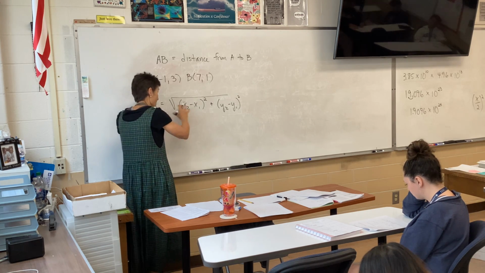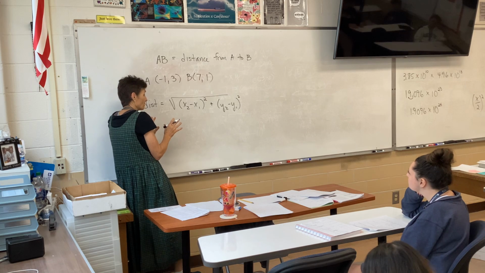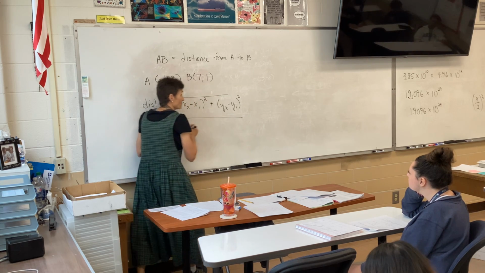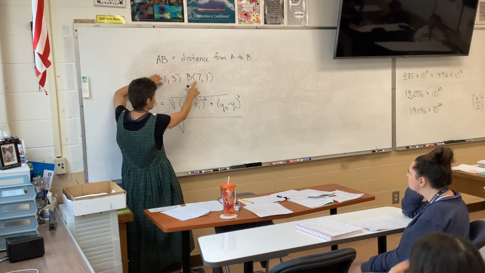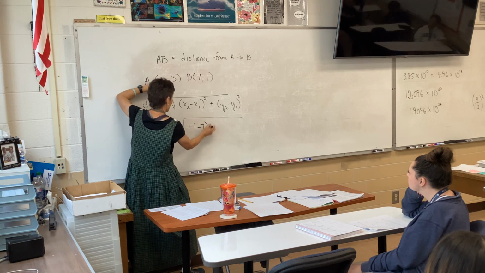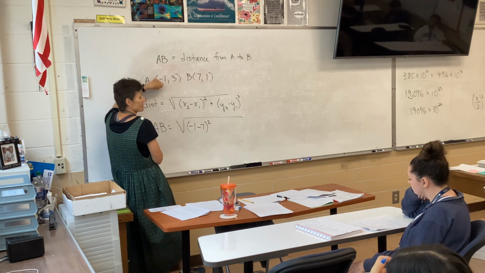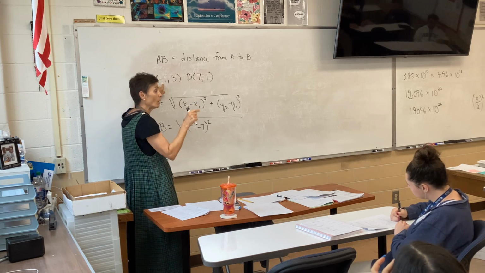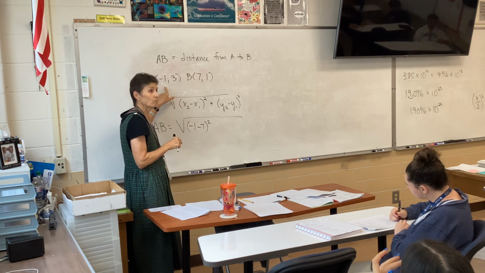So if you don't want to memorize that, it's a-okay with me, but you need to know that to find the distance, we're going to take our x's and subtract them. So we're going to take -1 minus 7, and square it. If you want to do 7 minus -1, that's okay.